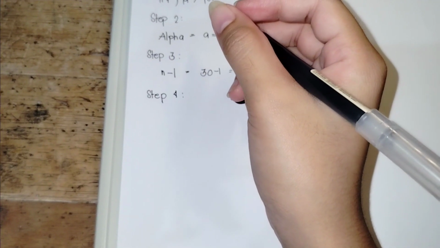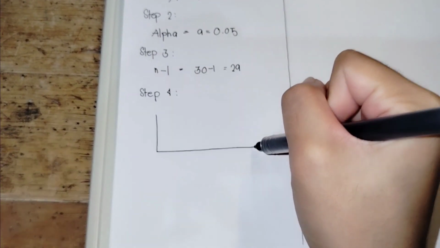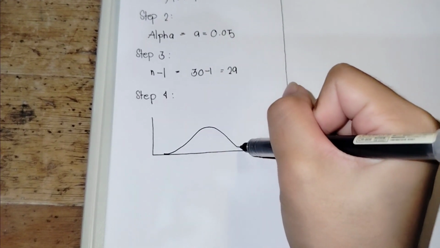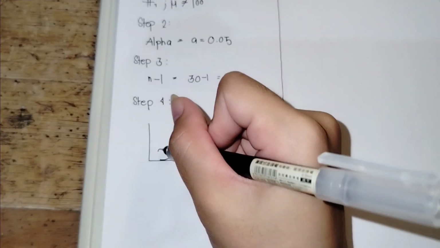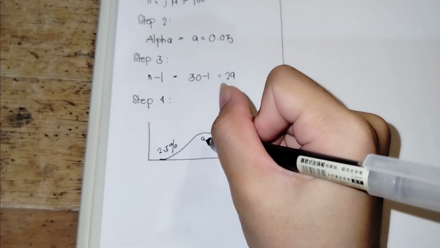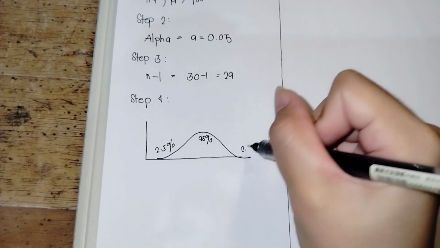Step 4. State decision rule. In this step, you need a t-table. If you have a t-table, you need to find the 0.05 on the upper side of the table and the 29 on the left side of the table.